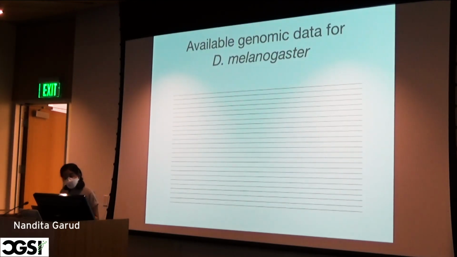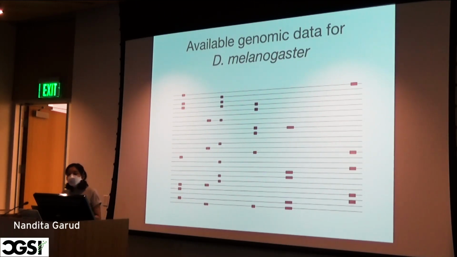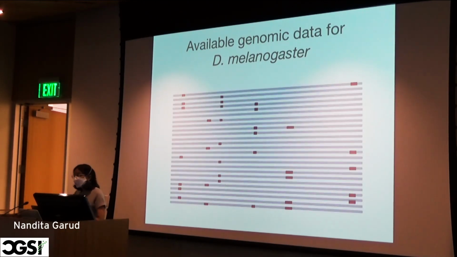So traditionally, data in Drosophila melanogaster consisted of short, spotty fragments of just 20 or 30 base pairs long. But in the past decade or so, we've started to fill in those gaps, and whole genome sequences have become abundant. And this has become ubiquitous, almost like you're seeing thousands of human genomes become available.